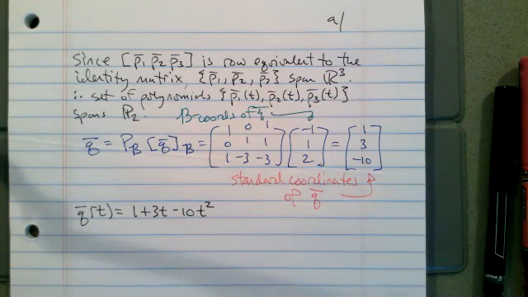Now, to connect these two things together, the B coordinates of Q are the combinations of the polynomials.